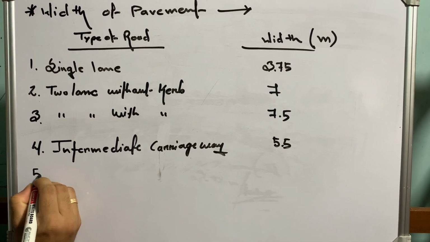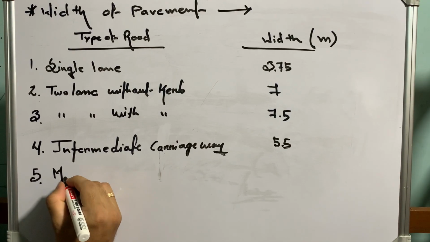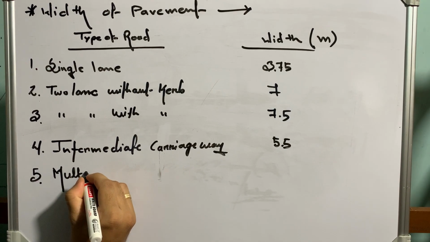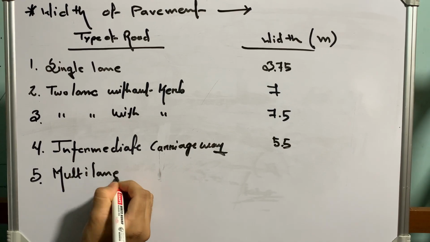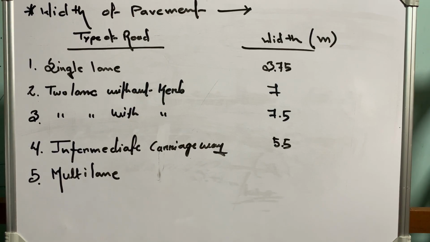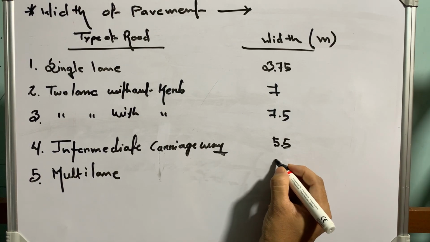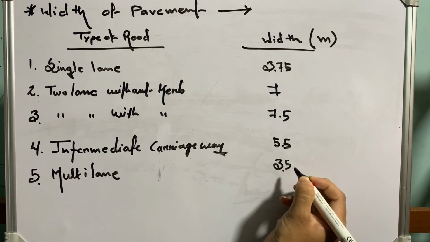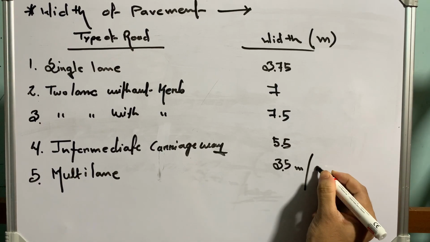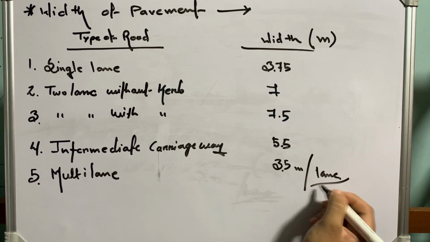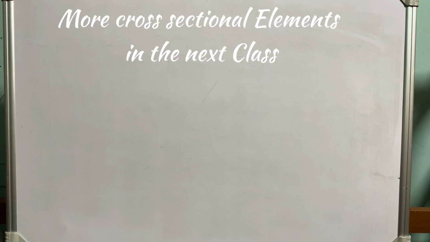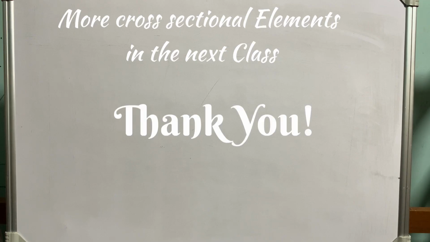The fifth one is multi-lane, meaning in an expressway or any highway where multiple lanes are present, every lane should be 3.5 meter each. There will be more cross-sectional elements in the next class. Thank you.